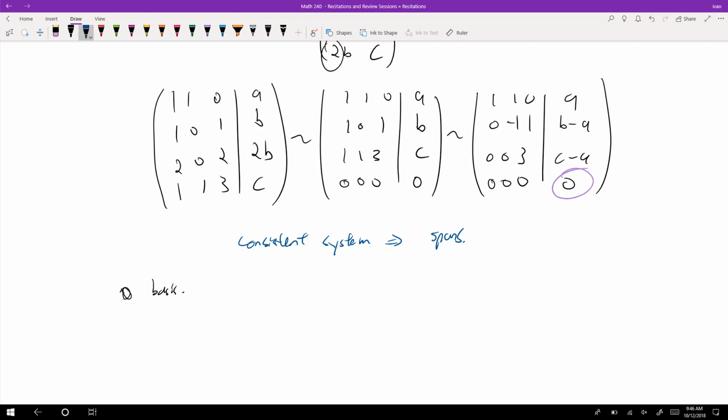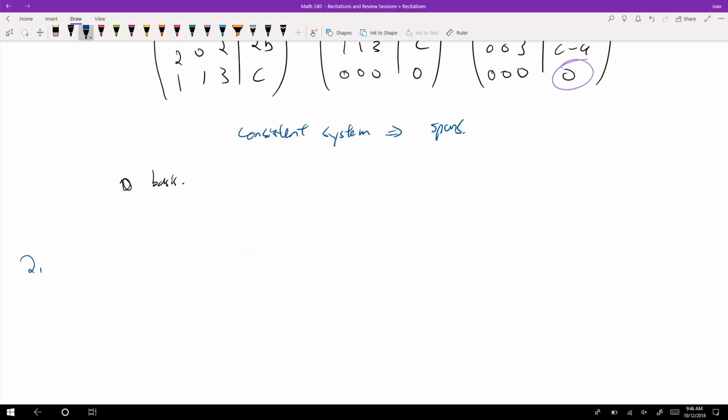All right, another example, and we'll do this one quick. Find a basis for the 3x3 skew symmetric matrices in M3R.